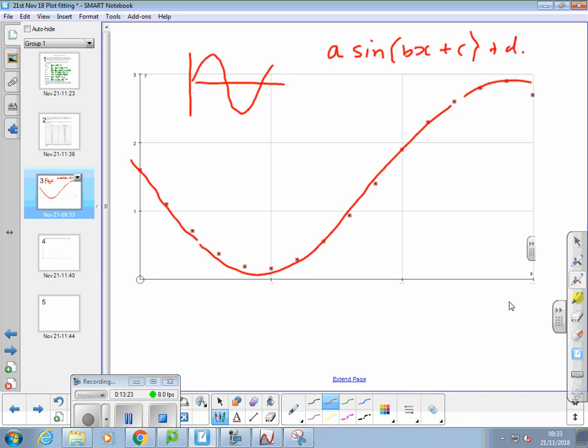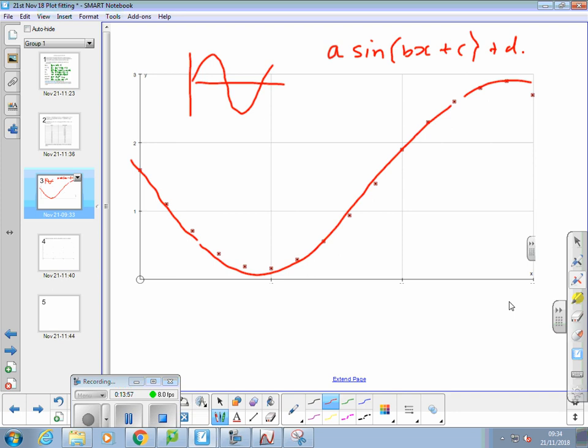I need to try and find each of those constants. And we want to do it thinking about it mathematically. So that's what I'm going to be expecting you to do, not trial and error, but work out as best you can what the constants should be, and then maybe make little bits of adjustment towards the end of that process to get it as close as possible.